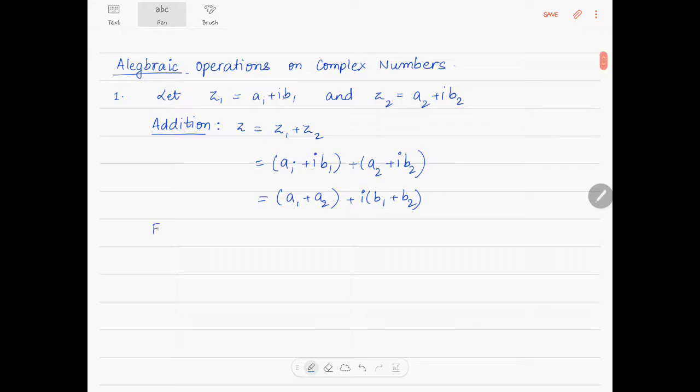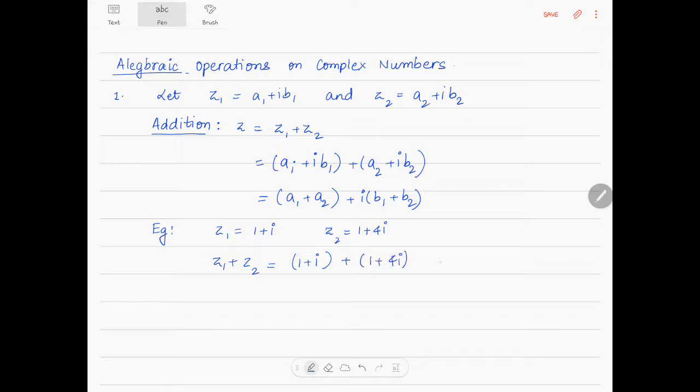For example, suppose we have a complex number z1 equal to 1 plus i and another complex number z2 equal to 1 plus 4i, and we want to add z1 and z2. We will write 1 plus i plus 1 plus 4i.